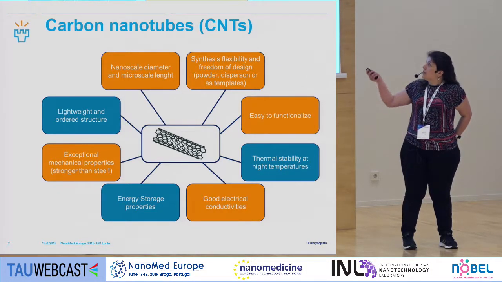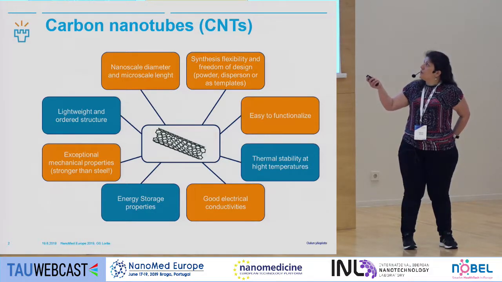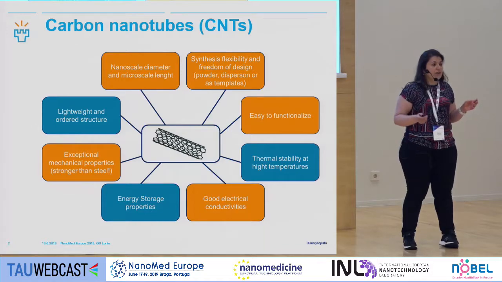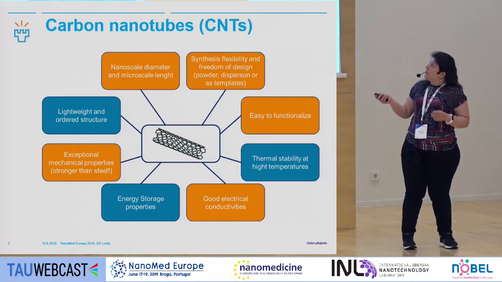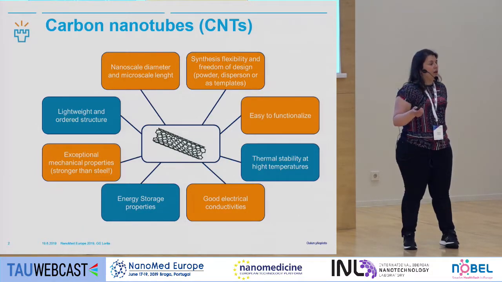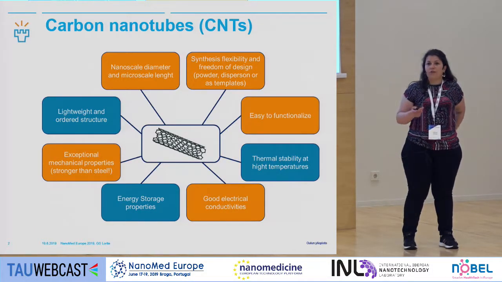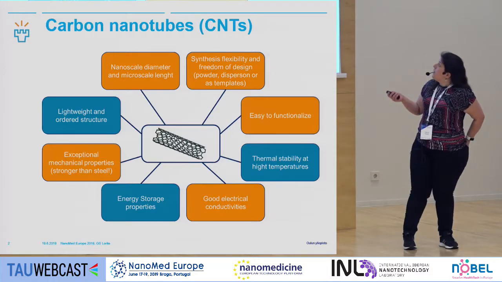First, carbon nanotubes can offer you nanoscale diameter and microscale length. In particular, in the nanoscale, they can mimic protein size, so the cells kind of like to attach to them.